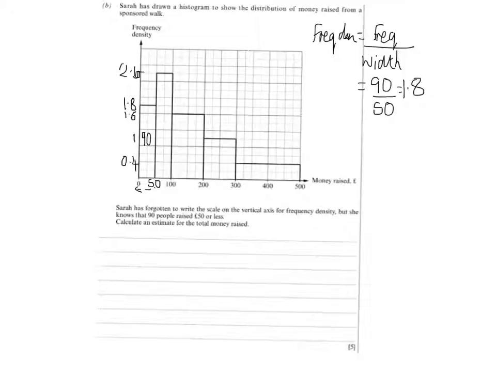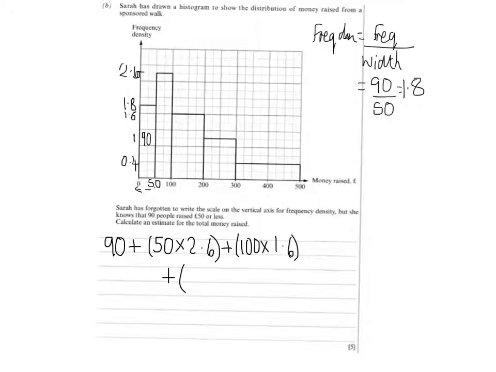I'm just going to add all 5 together. So we've got 90 for the first one, plus this one, again, the gap's going to be 50 times the frequency density, which is 2.6. So 50 times 2.6. Plus, for the third one, we've now got a gap of 100 times the frequency density of 1.6. So 100 times 1.6.